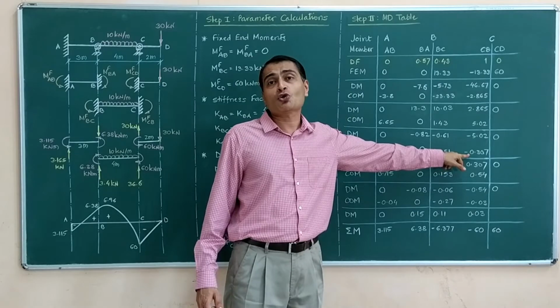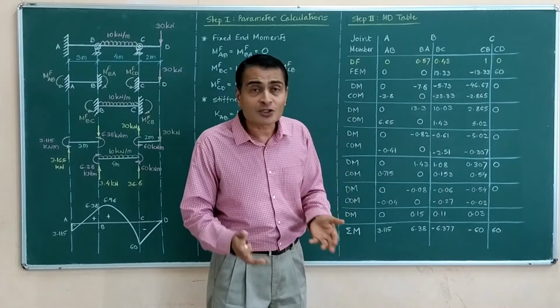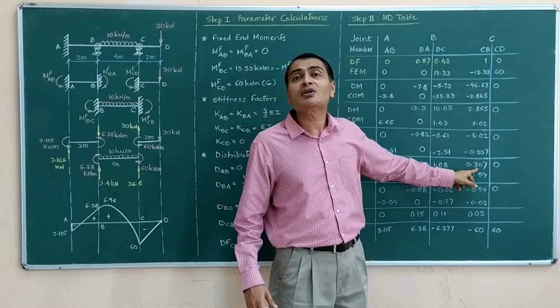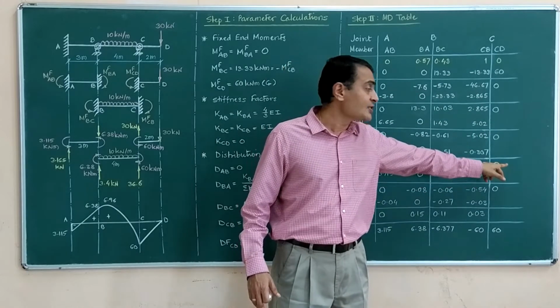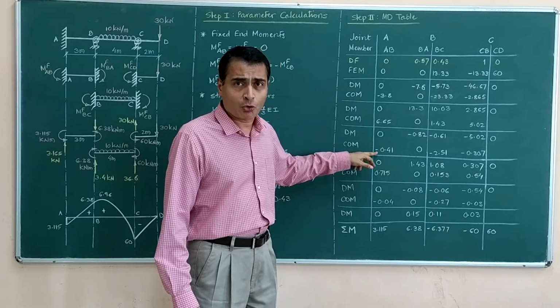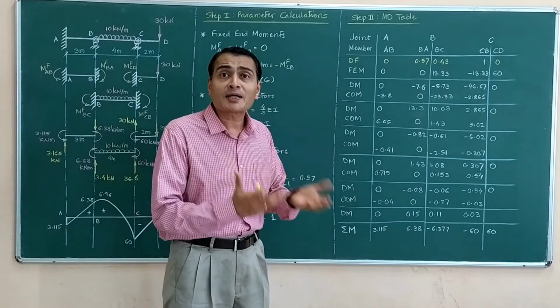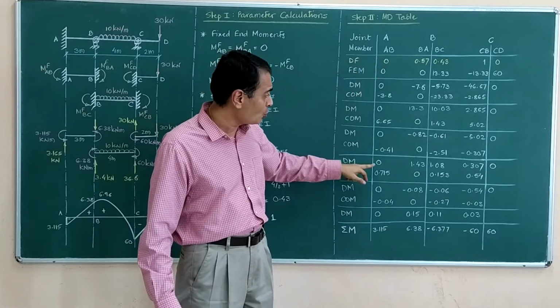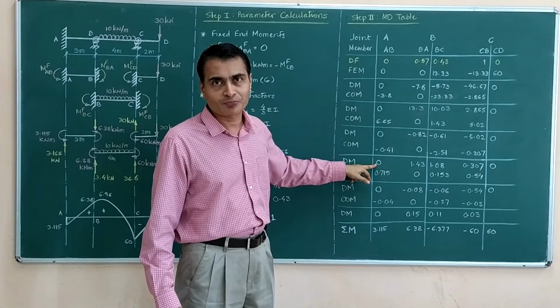Negative 0.307. So I apply 0.307. Distribution factor is 1. That entire moment is absorbed here. 0 on the outside. Here we have negative 0.41. So I apply positive 0.41, but distribution factor is 0. So I simply get 0.